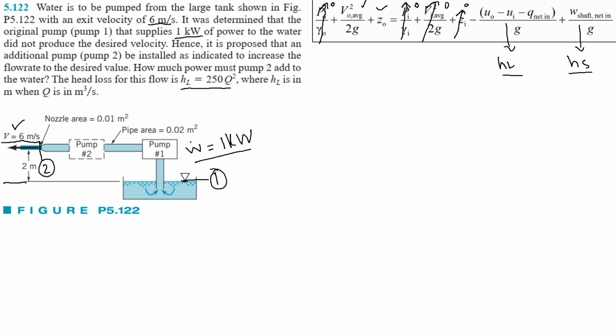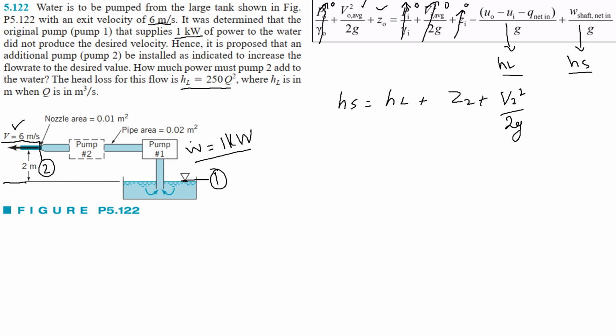So we are going to now arrange our equation in terms of HS, that is HS is equal to HL plus Z2 plus V2 square divided by 2G. So what we are going to do first is to find our flow rate, and then write the terms that are given to us.